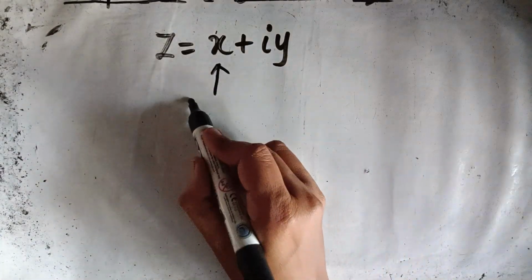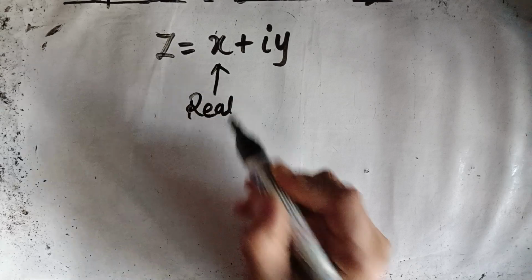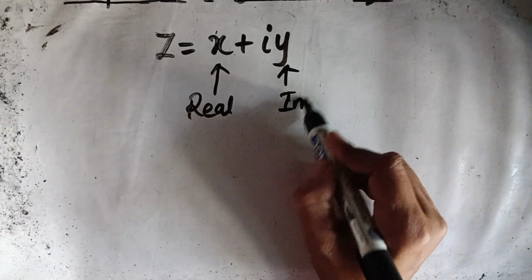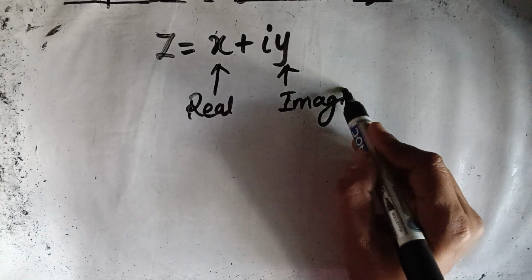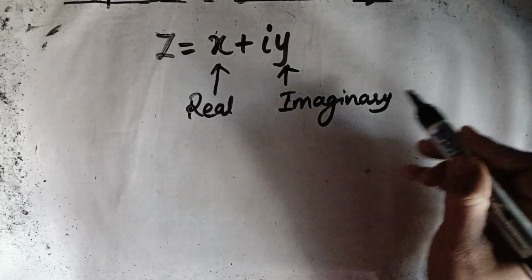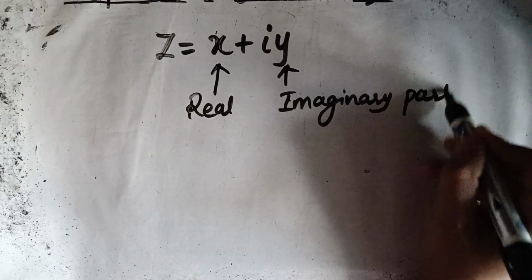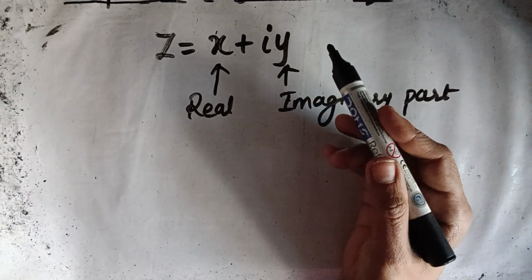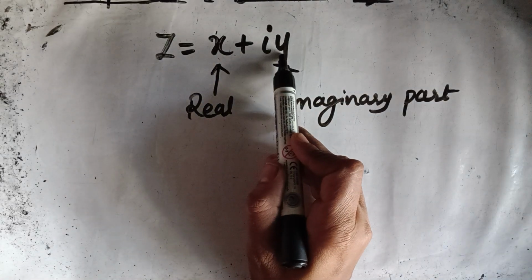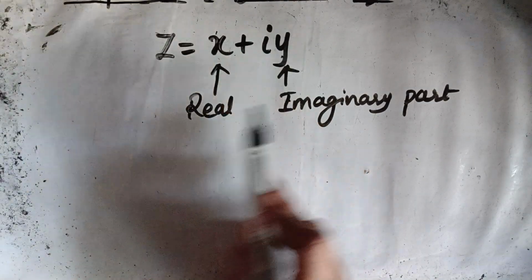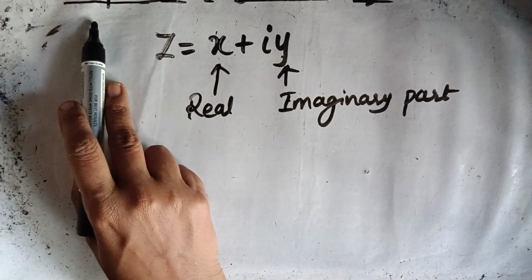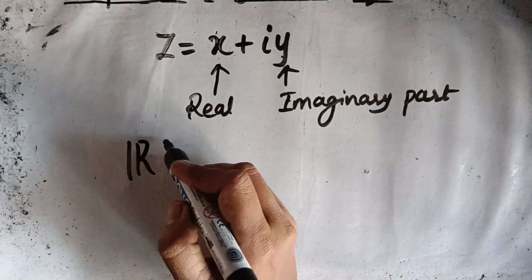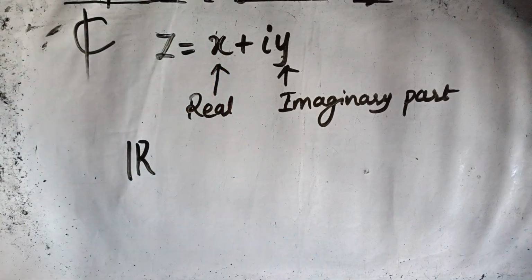This part is called the real part and this part is called the imaginary part, where I is root of minus 1 and x and y are real numbers. Complex numbers, like real numbers, have a symbol: complex numbers have a symbol C.